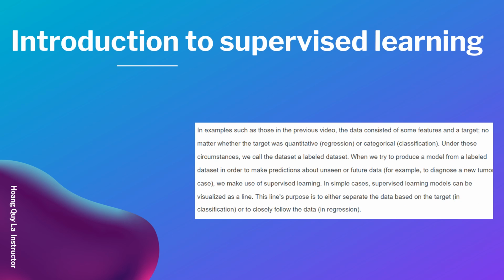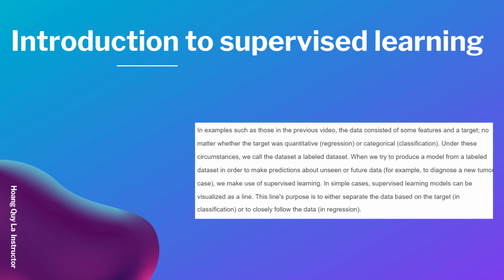Now let's talk about supervised learning. In examples such as those in the previous videos, the data consists of some features and a target. No matter whether the target was quantitative, which is regression, or categorical, which is classification, under these circumstances we call the dataset a labeled dataset.